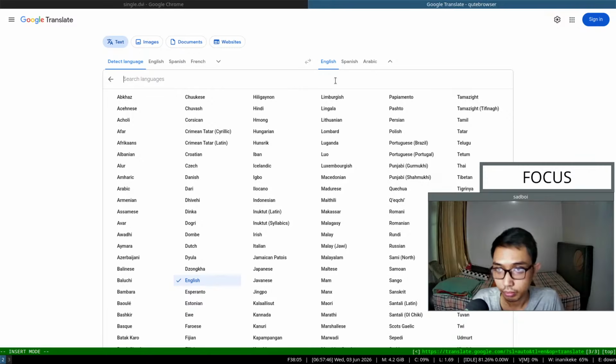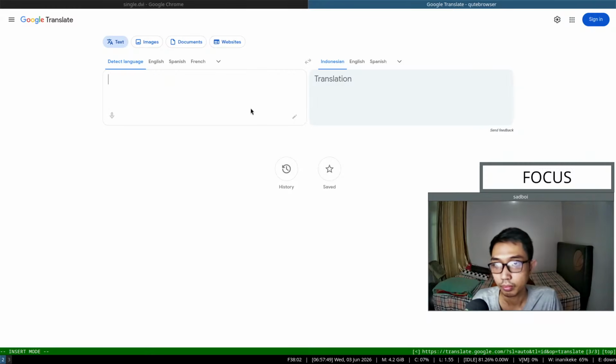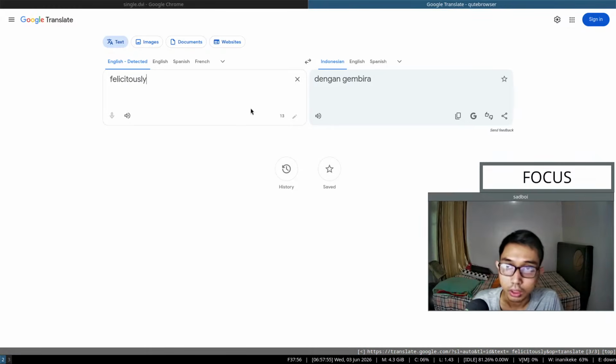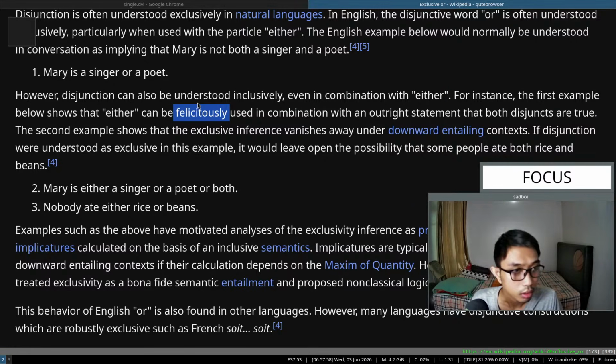Okay. Oh, okay. The first example below shows that either can be felicitously used in combination with an outright statement that both disjuncts are true. Oh, okay.